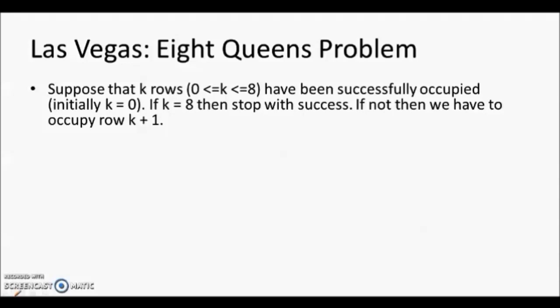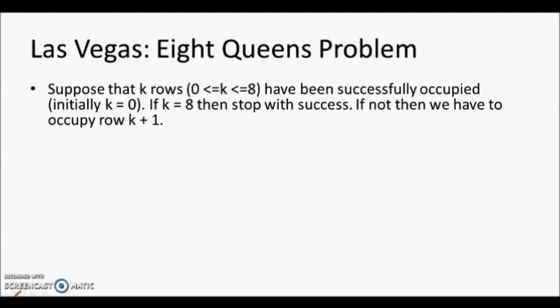Now let's try to solve the 8 queens problem using the Las Vegas algorithm. Suppose that k rows between 0 and 8 have been successfully occupied, and take initially k equal to 0. If k equals 8, then stop with success.